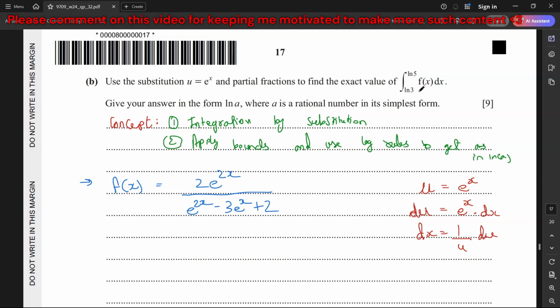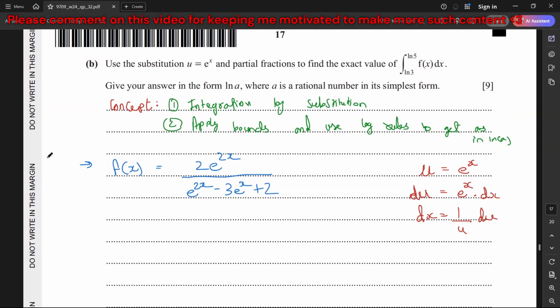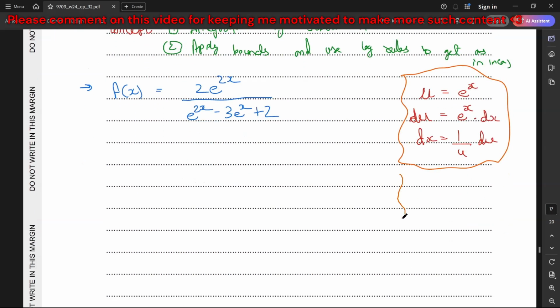Now I need to convert this whole equation in the format of u so that I can integrate in terms of u. And even if I talk about the bounds, I can convert my bounds as well. So first of all, this is my conversion of x to u, and then I'll talk about the bounds as well. So let me write with a different color now.